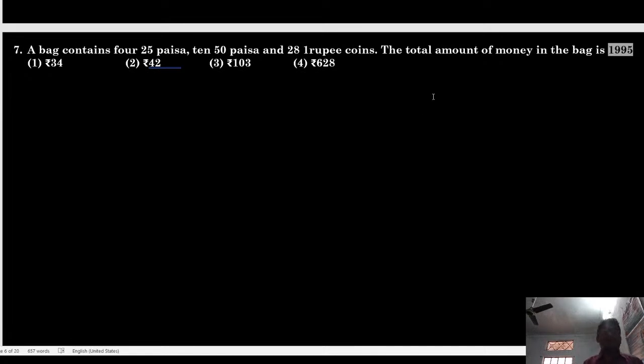A bag contains 4 twenty-five paisa, 10 fifty-paisa, and 28 one-rupee coins.